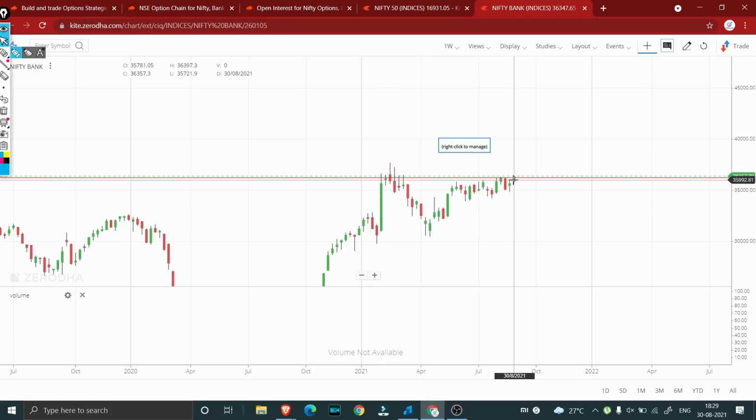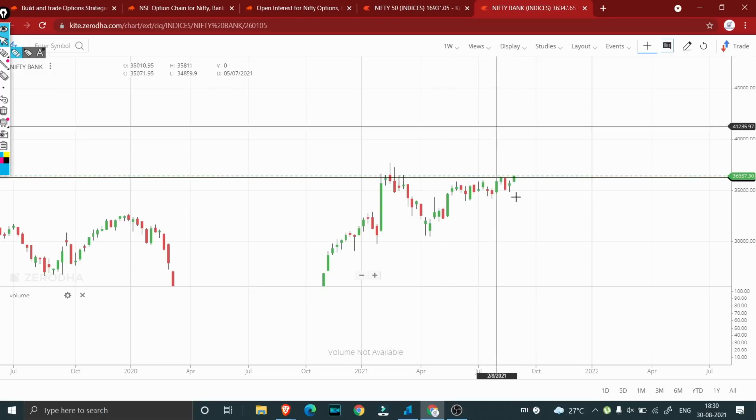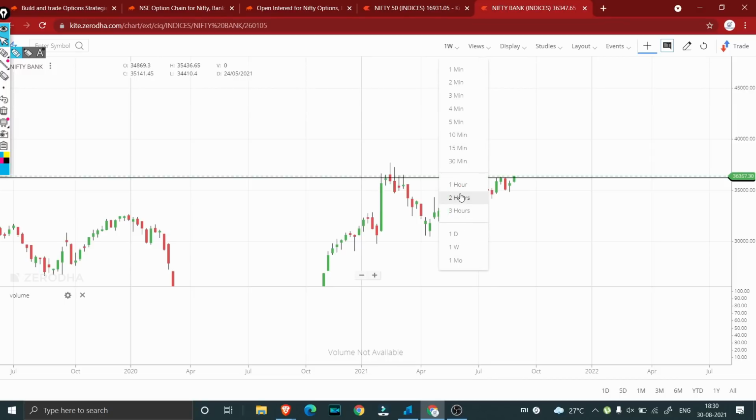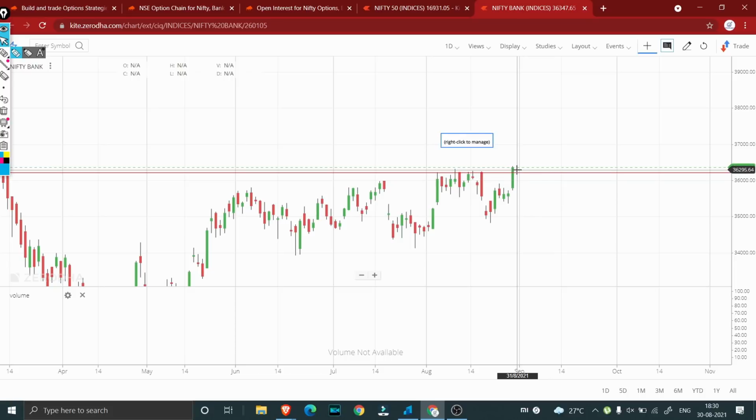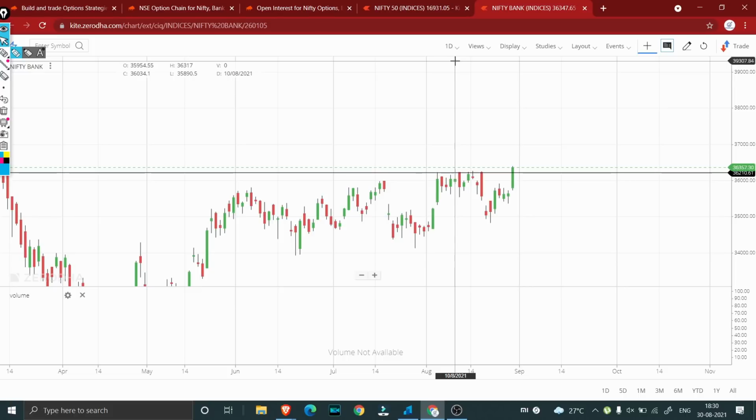And if Bank Nifty is able to break this and stay above it at least for a week, we are looking at weekly charts, and even on daily charts we do see that Bank Nifty has somewhat broken out, and it has shown some really good strength, because it is a very big green candle that we are seeing, and it has shown some strength supported by some very strong put writing.